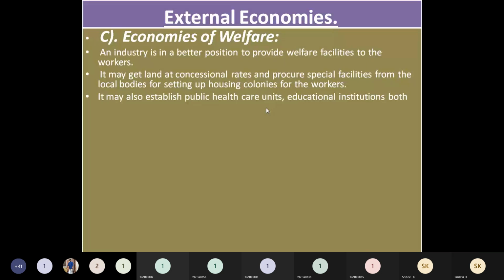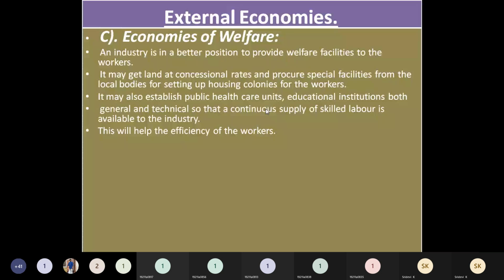And even outside, if you have selected an already developed area, there you can have health related, that means hospital facilities and educational institutions, which the company need not provide separately to the workers' children. Whatever is existing in the society can be utilized by the company, so they need not spend more on that.